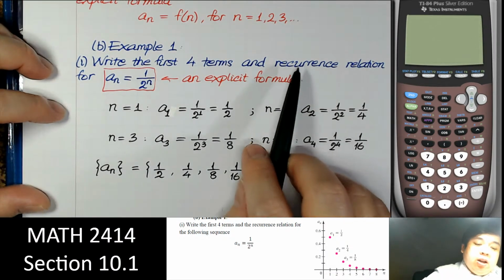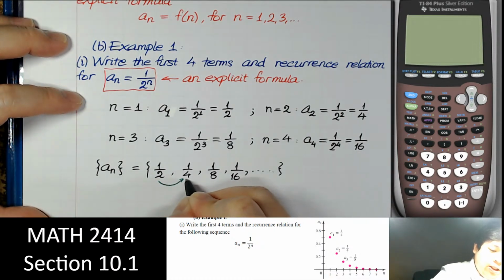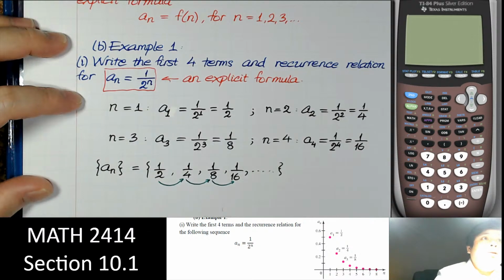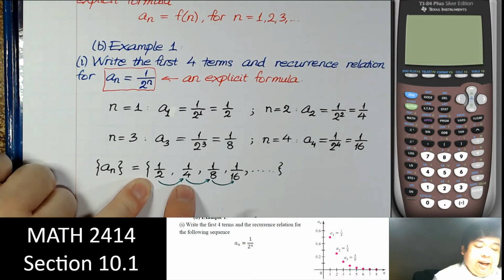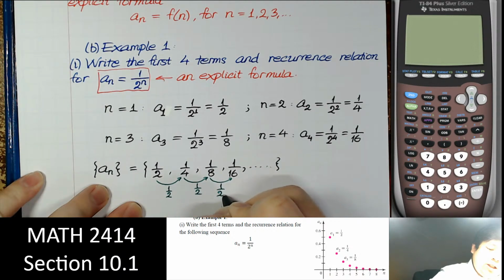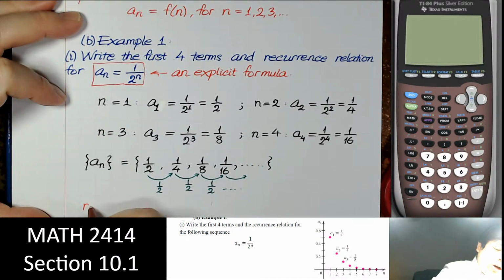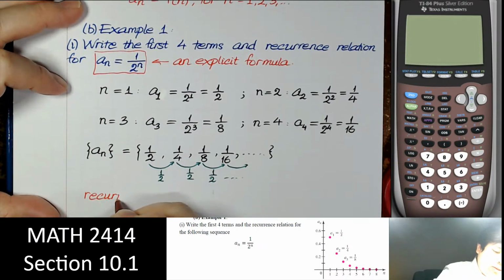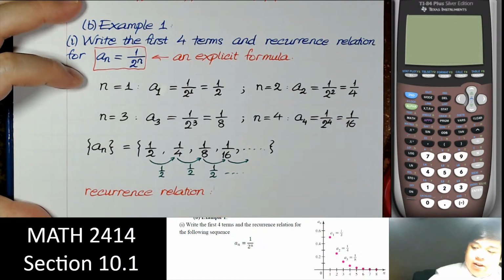Now we will determine the recurrence relation. In order to get to the next term from this term, what do we have to do? 1/2, and then half of that, and then half of that. So pretty much we just multiply by 1/2 to get from this term to the next, and so on. In this case, the recurrence relation is this.